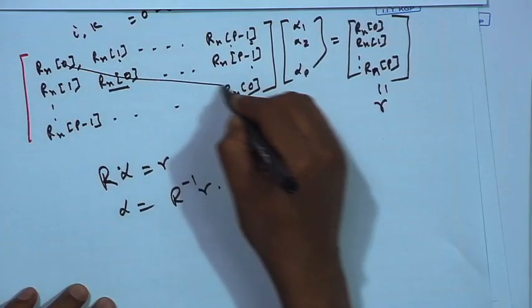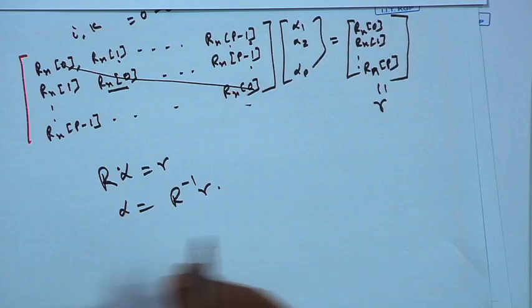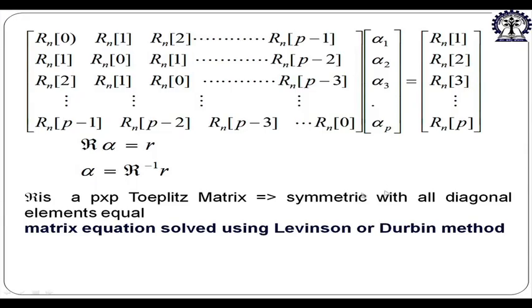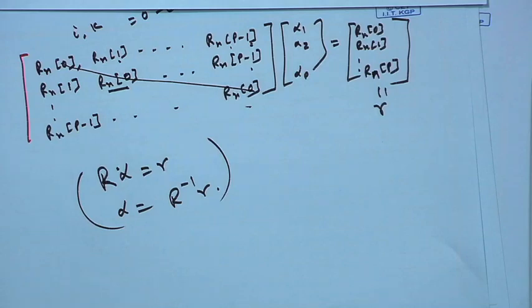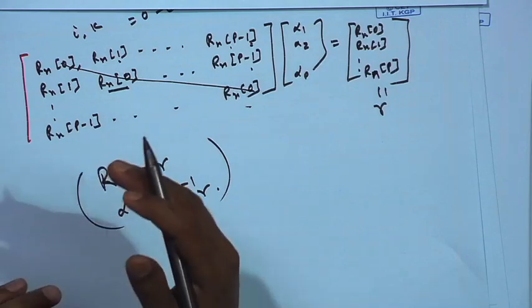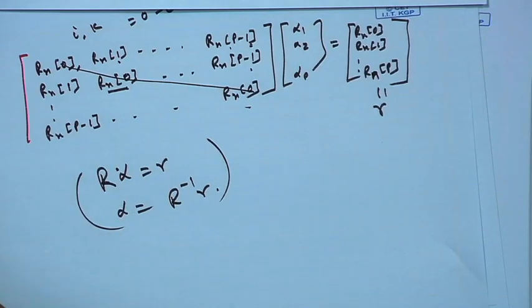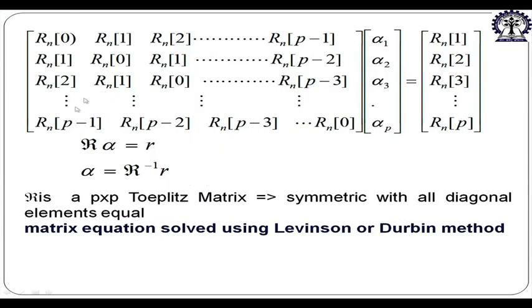If you see all the diagonal elements, R_n(0), this is a special type of matrix: symmetric with all diagonal elements equal. So, I can apply the Levinson-Durbin algorithm to solve this matrix equation. Next class we will discuss how to solve it.